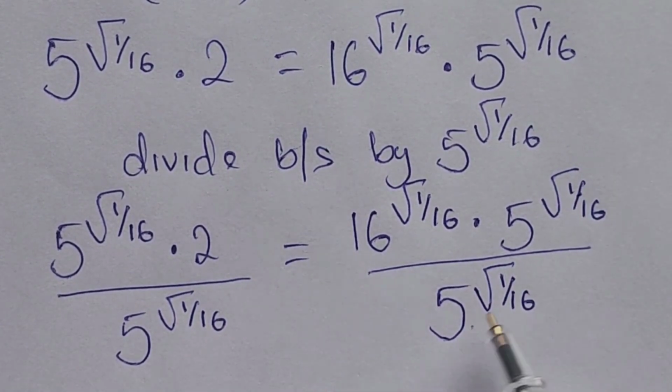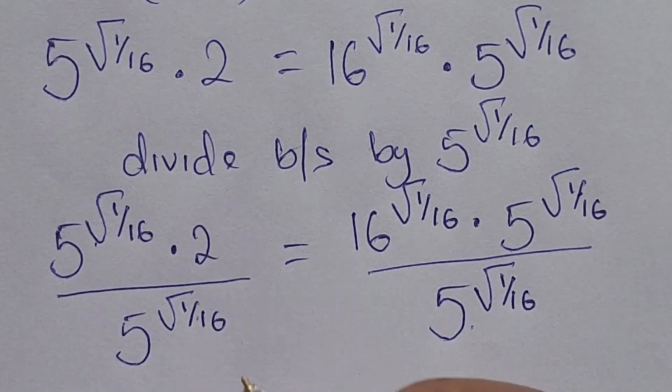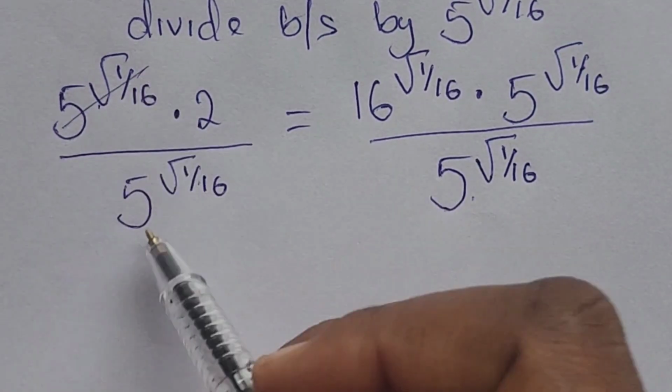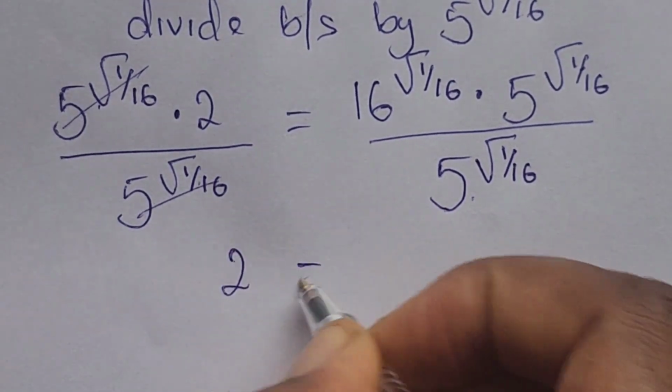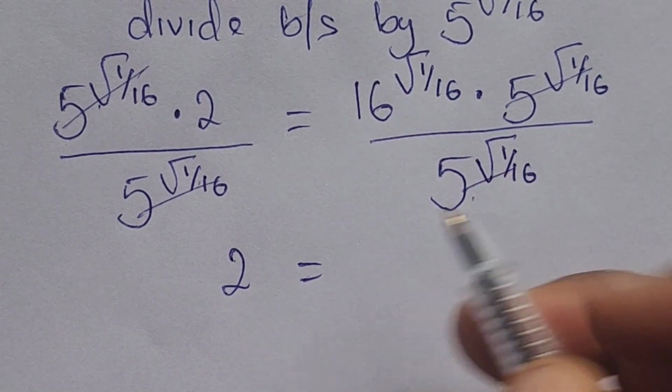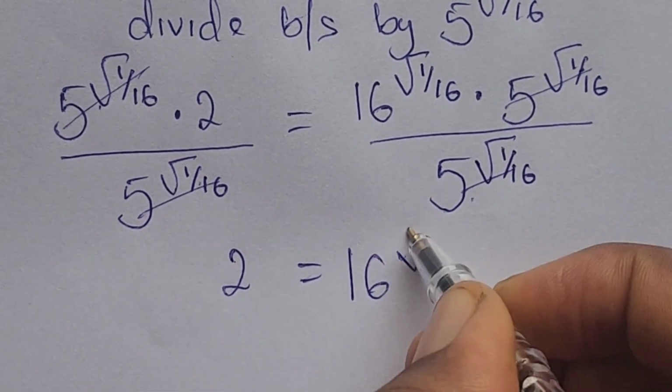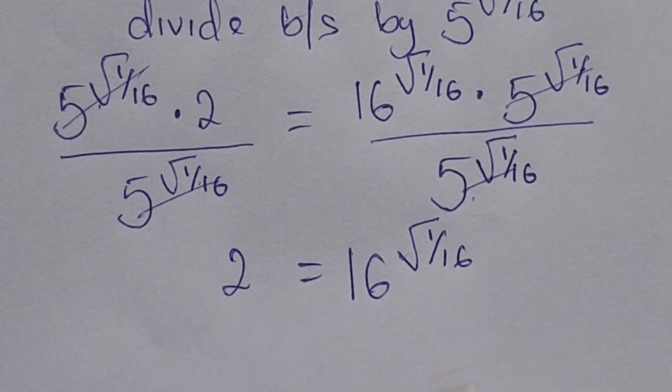So this will cancel this. This cancels this. We have 2. We have this and this. We are left with 2 to be equal to, and we have this. We are left with 16 to the power of root 1 over 16.